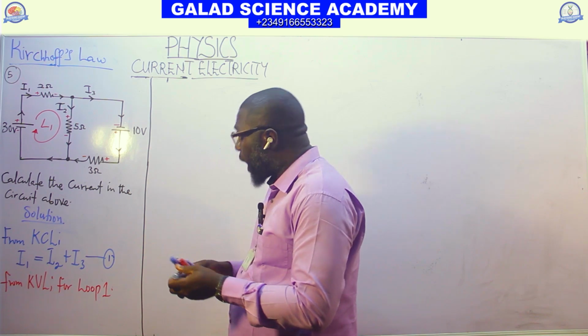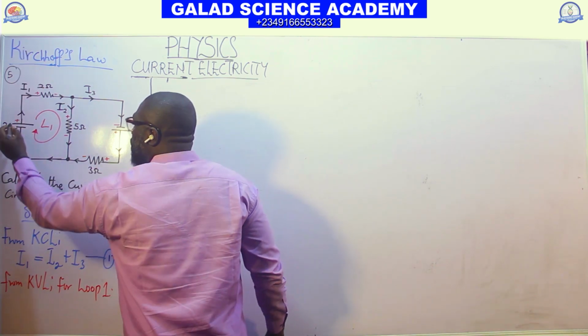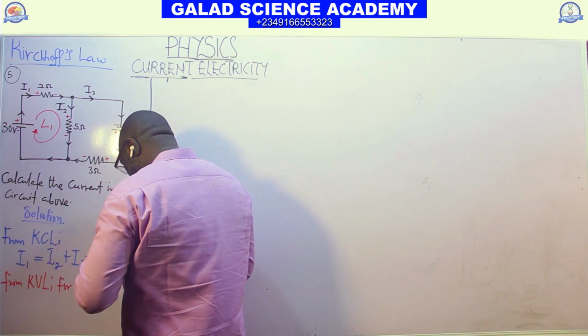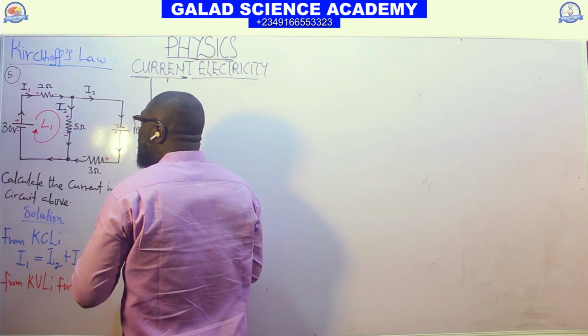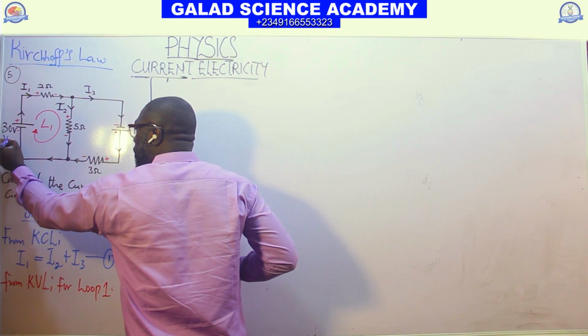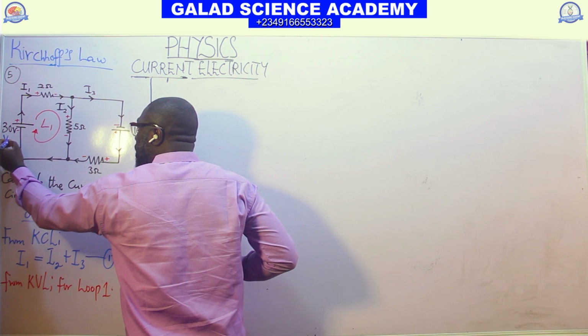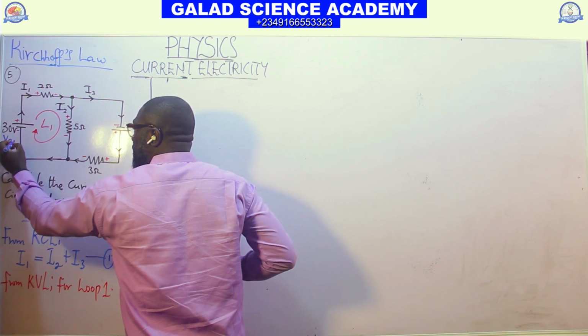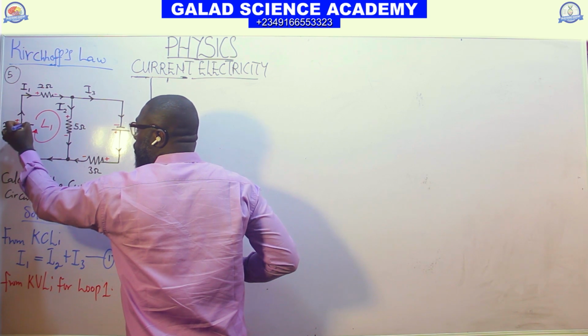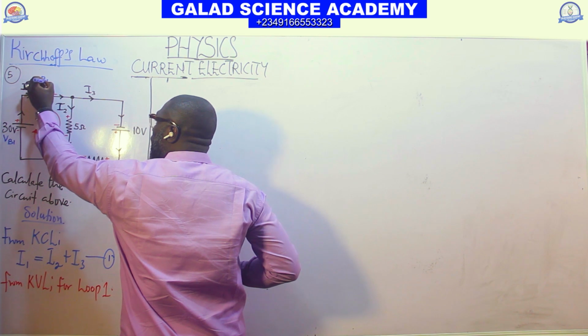By doing that, take my loop from here. Don't forget, call this battery V battery 1, V1, voltage of battery 1. This resistor, call it R1.